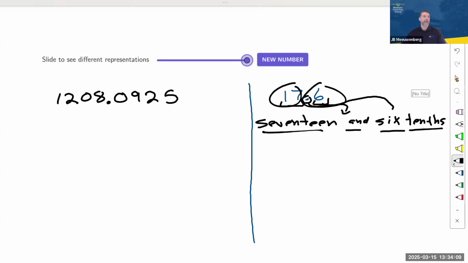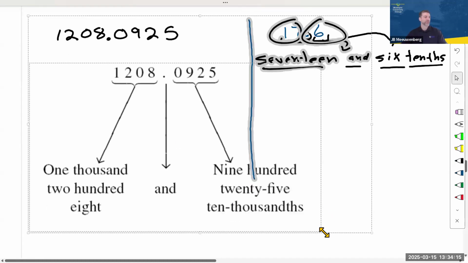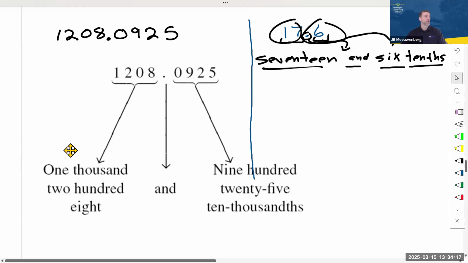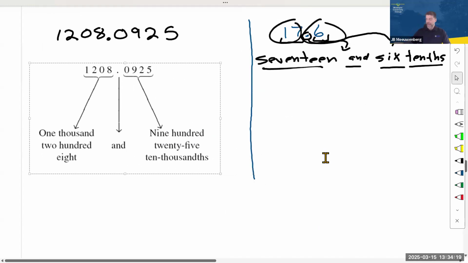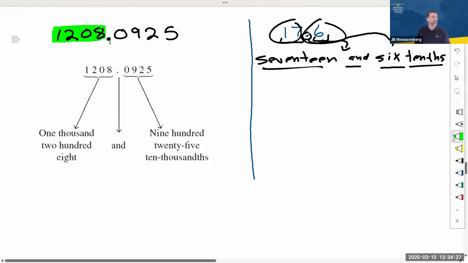So that number would be read like this. Let me shrink you just a little bit. 1,208. That's how we say the first part. 1,208. That's our number in front of the decimal point. The decimal point itself is read as and, then this over here, we have 925. There's a 0 in front of that, but we just would say 925.